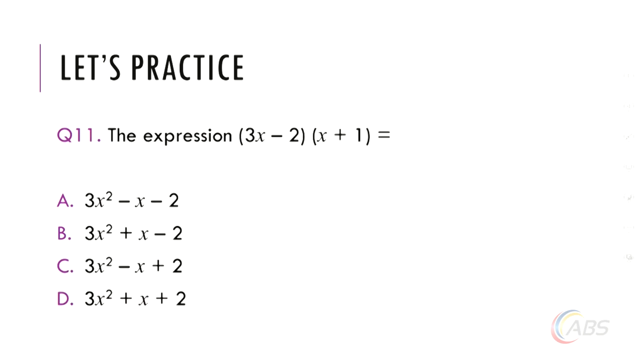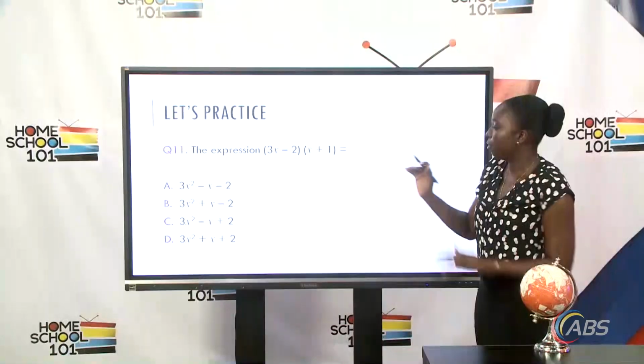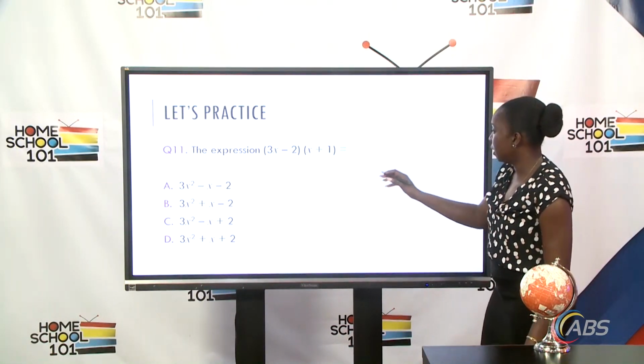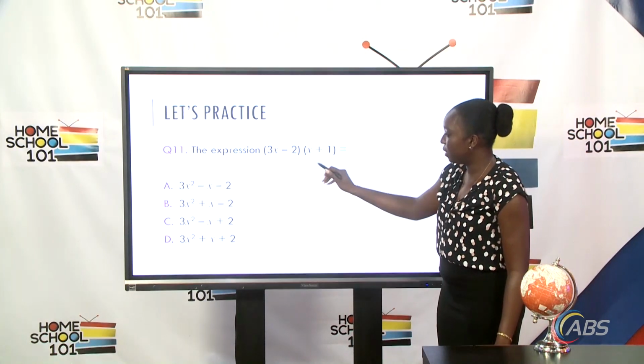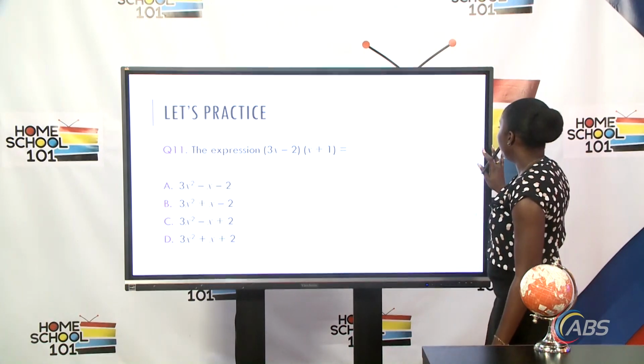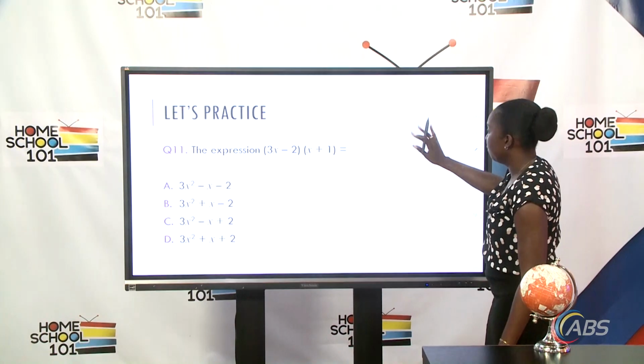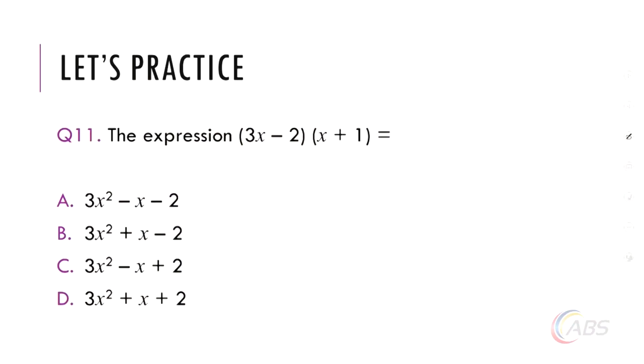Question 11. The expression 3x minus 2 times x plus 1 is equal to what? So here we have two things being multiplied to each other, and what we're going to do is multiply each thing in the second bracket by each thing in the first one. So we'll start with the 3x.